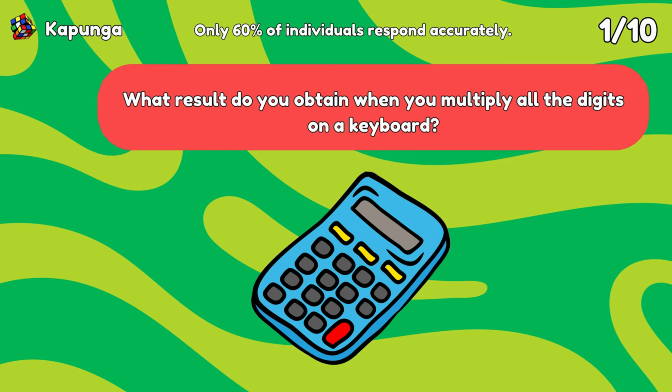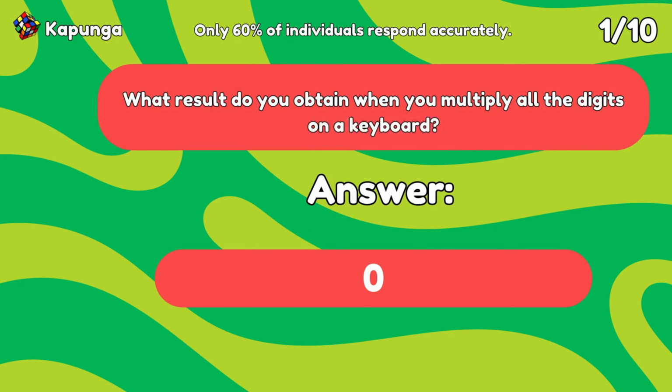What result do you obtain when you multiply all the digits on a keyboard? The answer is 0.